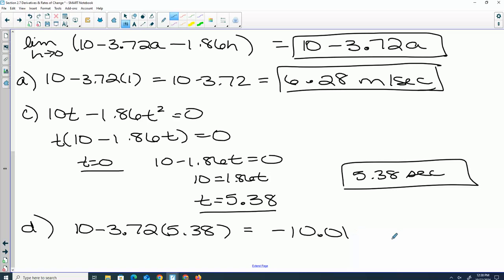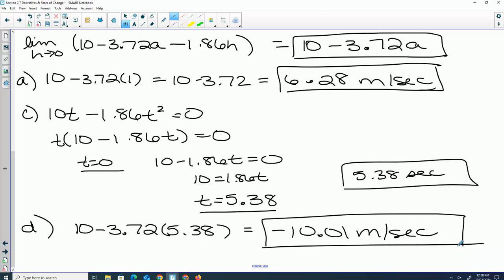Oh, because it's going down. So why is it negative? It's slowing down when it hits the ground. Yeah. Velocity is just speed with direction. So the negative is saying it's coming downward. Yeah, it's speeding up as it's going down. That's why it has to be the two. Yeah.